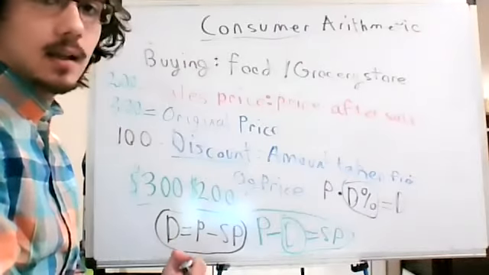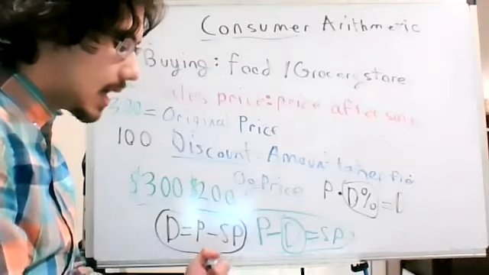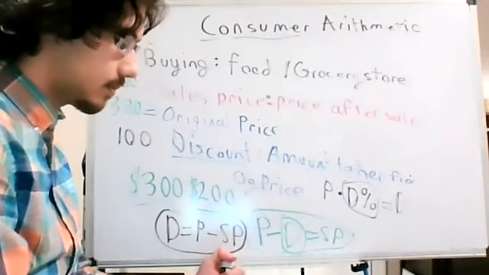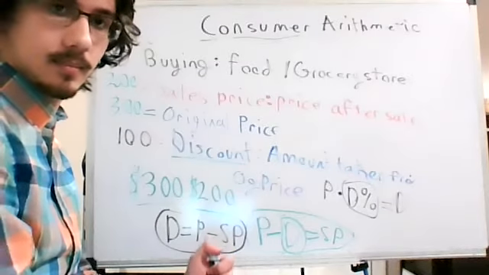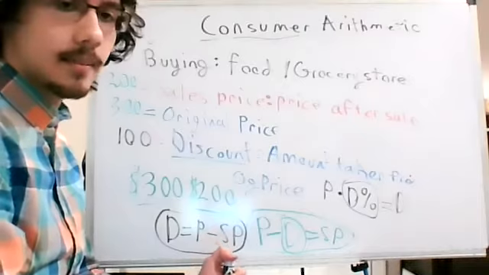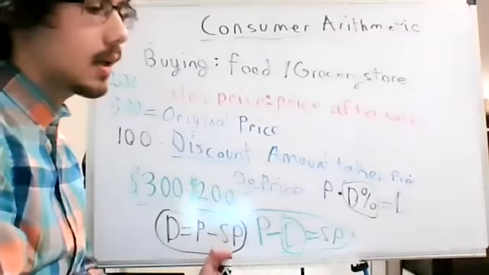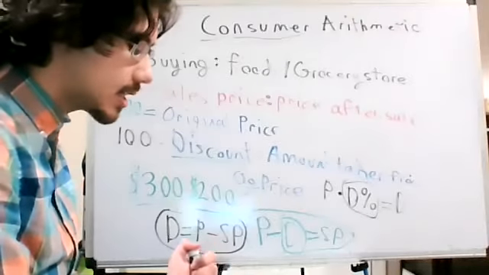Mr. Nathan, do you remember how we get rid of something if it's multiplied? Mr. Nathan, are you there? No, sir. Okay.